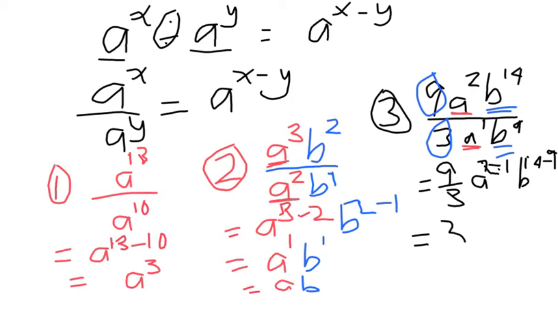It equals 3. That's also times by A. And what power? Well, 2 take away 1 is 1. We don't need to put the 1 there, but we'll display that there. And that's also times by B. To which power? 14 take away 9 is 5. So, our answer is 3 times A times B to the power of 5.